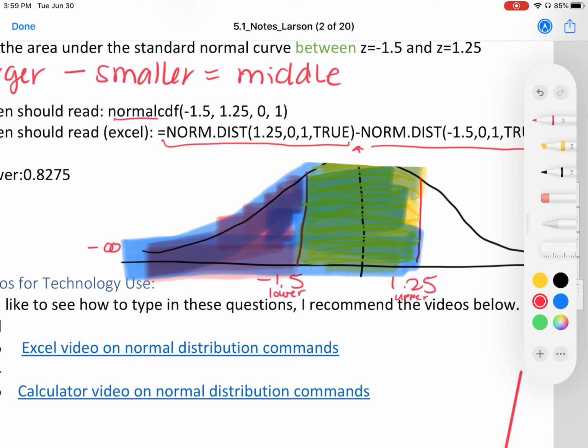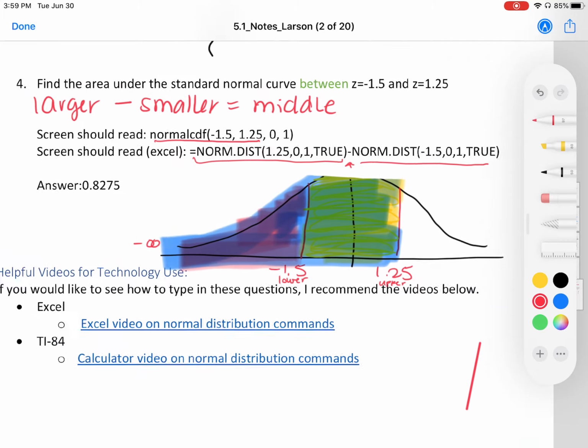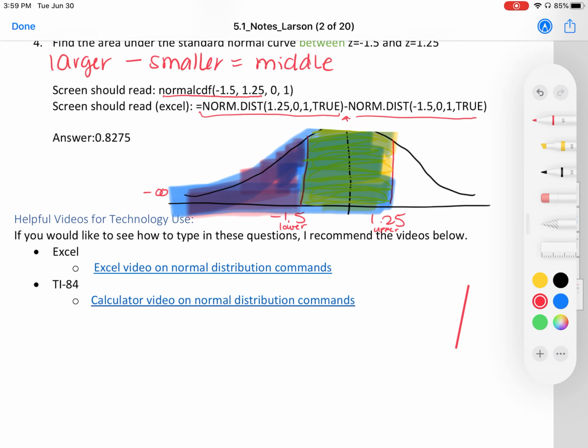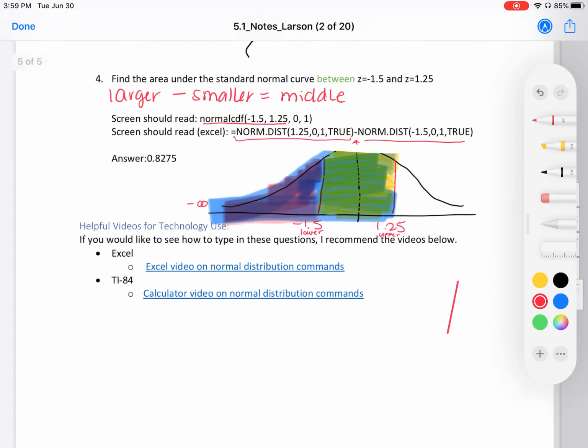So you can manipulate your calculator so you can do that in one shot. Or you can do it like Excel and do the highest minus the smallest. They'll still produce that answer of 0.8275.